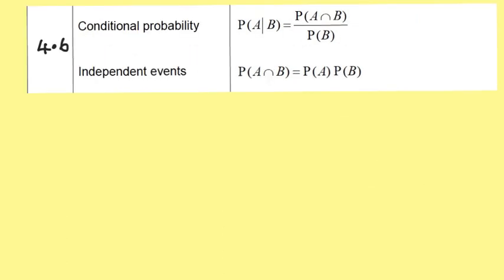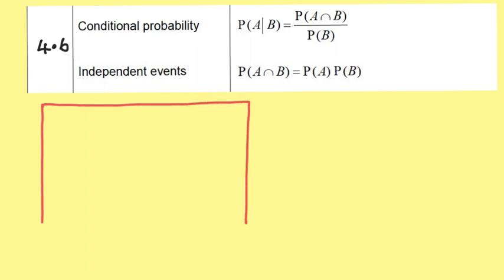The fifth formula is to do with conditional probability, and it states the probability of A given B is equal to the probability of A intersection B divided by the probability of B. Let's draw a Venn diagram to illustrate this formula.